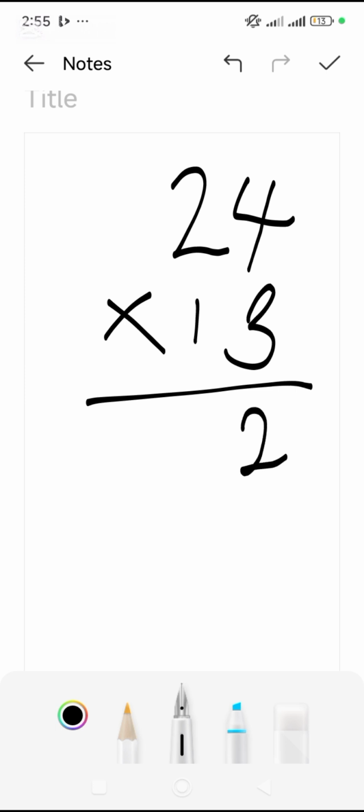We write 2 and carry 1. 3 times 2 is 6, plus the 1 carried is 7.